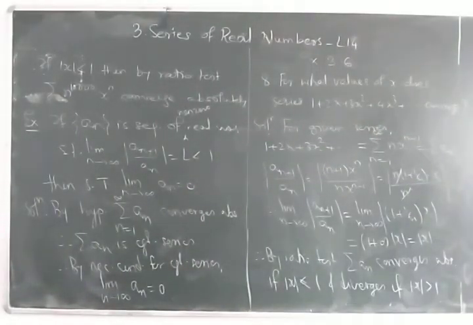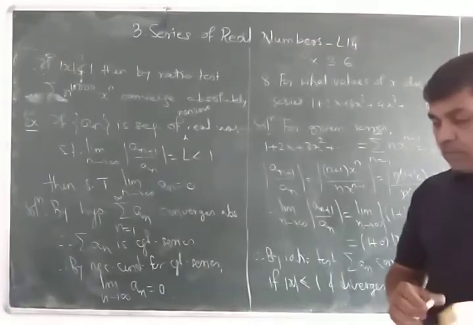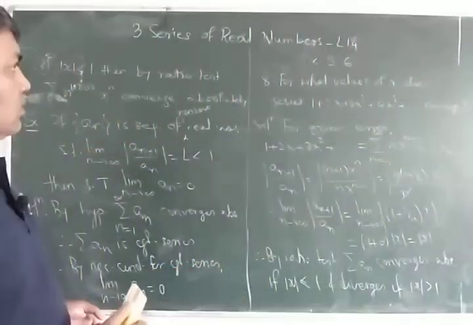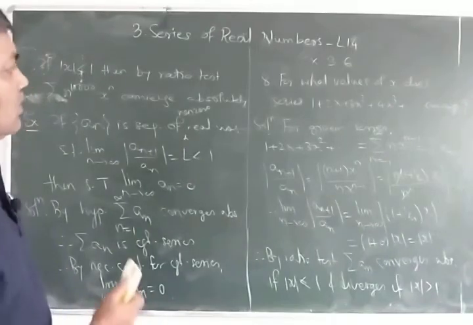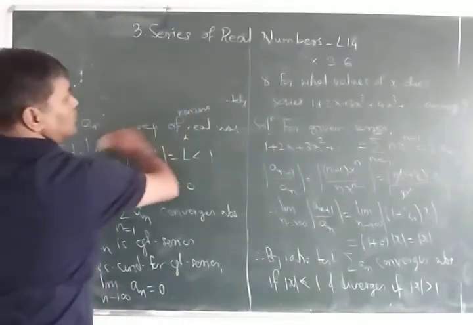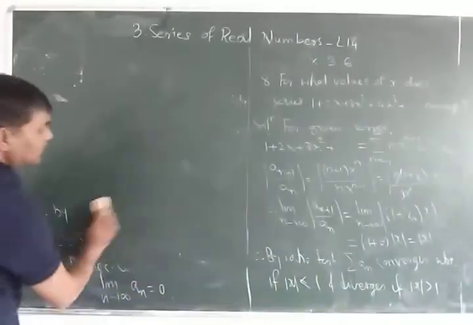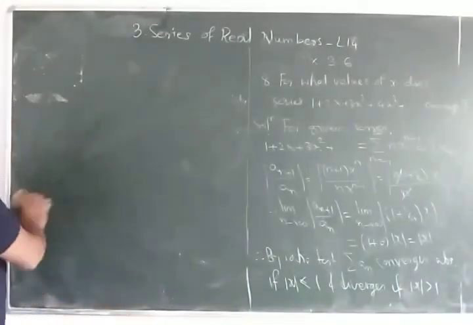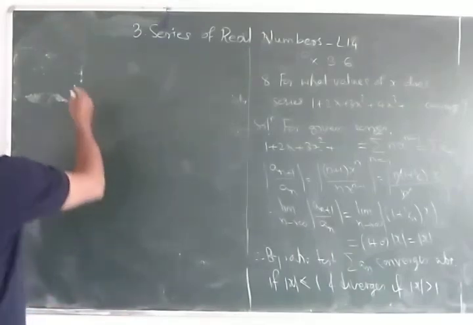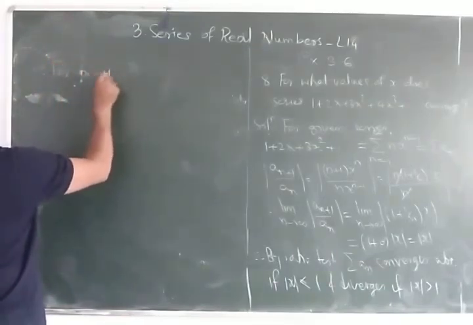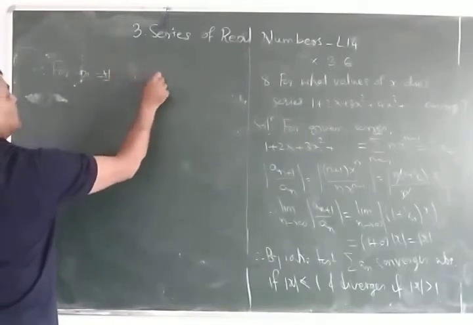What if x is 1 or minus 1? For x equal to 1 and minus 1, the series is divergent.